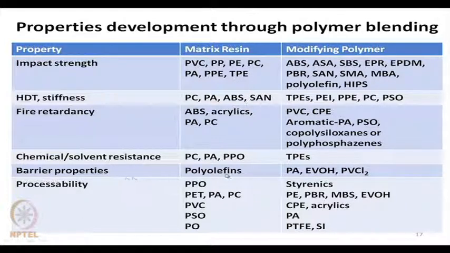Barrier properties. Say the barrier properties of polyolefins like polyethylene or polypropylene can be changed by mixing with polyamides, nylons, or polyesters, or ethylene vinyl alcohol, or polyvinylidene chloride.